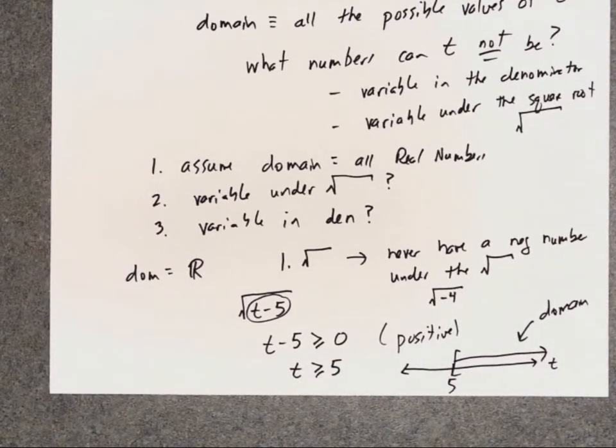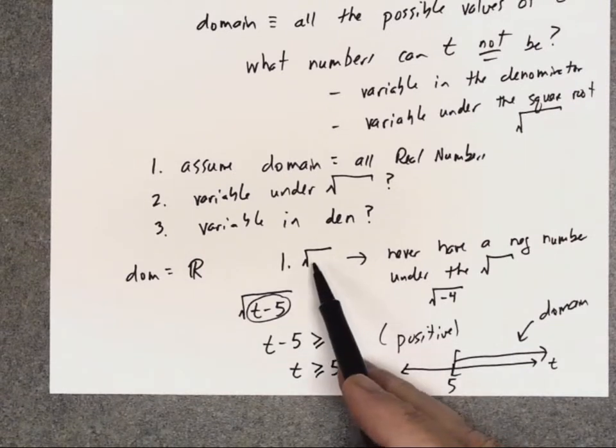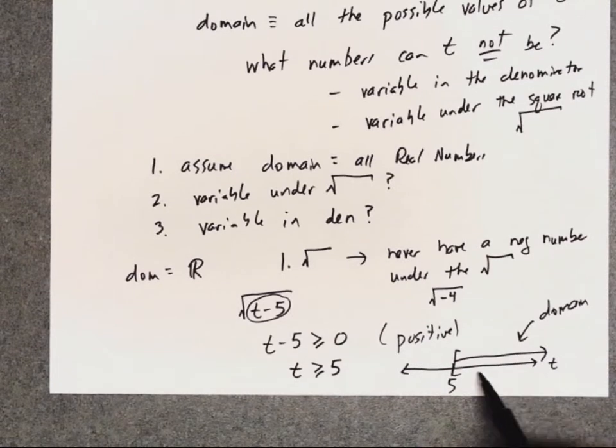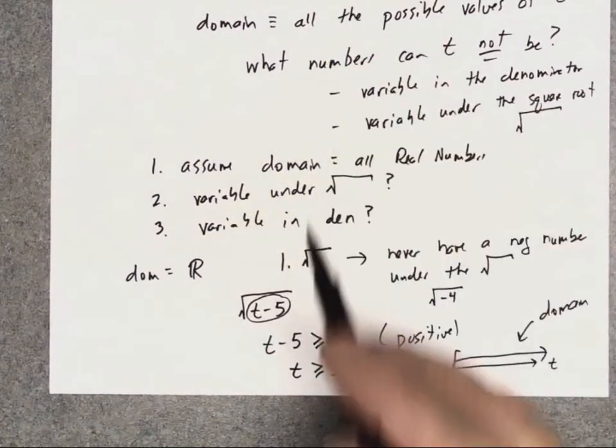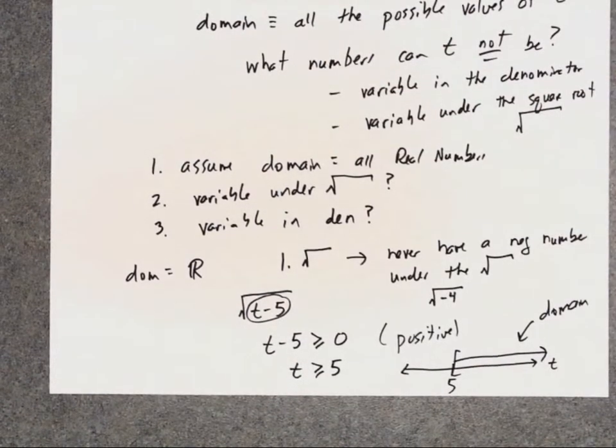Once again, the domain is all the possible numbers for t. And I'm saying because I've got this square root here, t has to be greater than or equal to 5. Because if I pick a value for t over here that's less than 5, when I put it into the function or the equation, I'm going to end up with a negative number under the square root, which I cannot have.